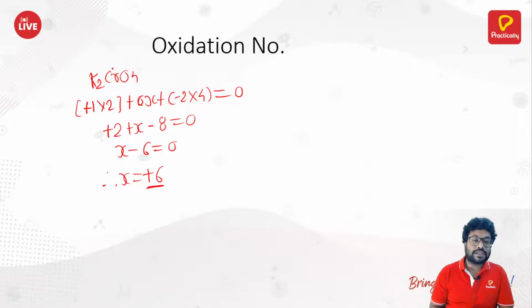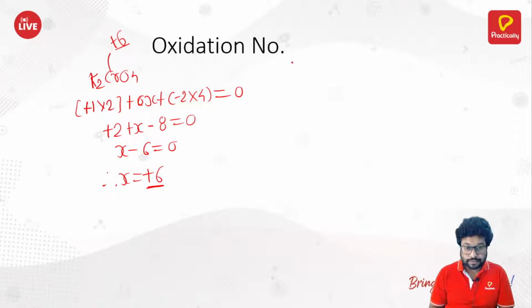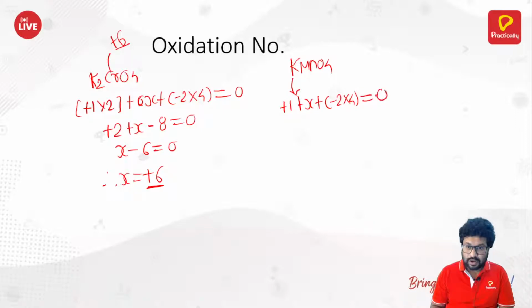That is the oxidation state for the chromium. Then next you have KMnO4. Here again for potassium plus 1, manganese X, 4 oxygen minus 2 into 4. What is the charge? 0 again.